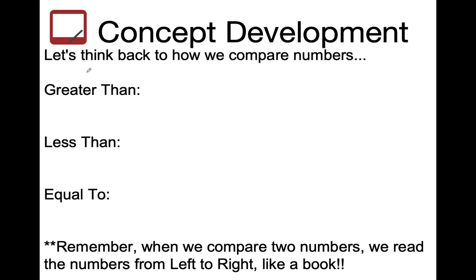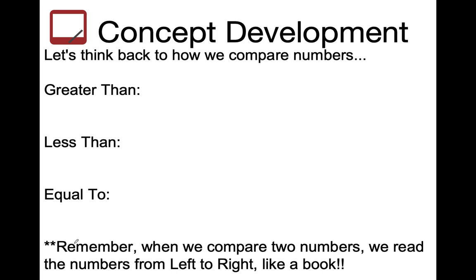Okay, so let's think about how we compare numbers. I'm going to stop and have us look through this slide before we move on with the rest of our lesson, because I think it is important for you all to remember and take note of what these symbols look like.